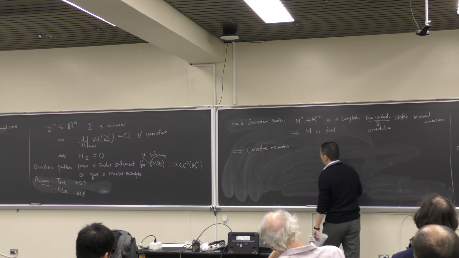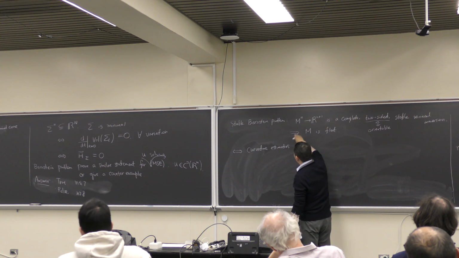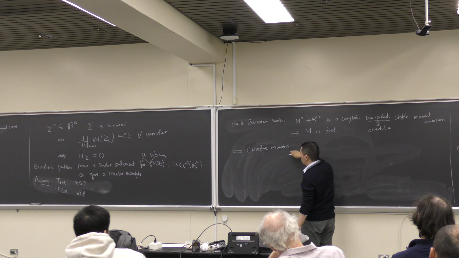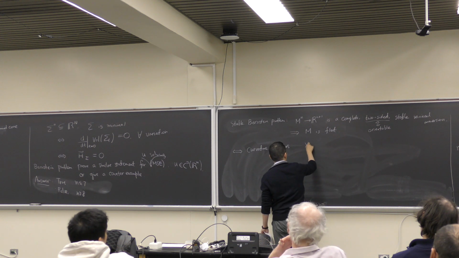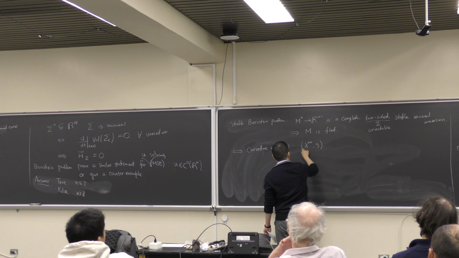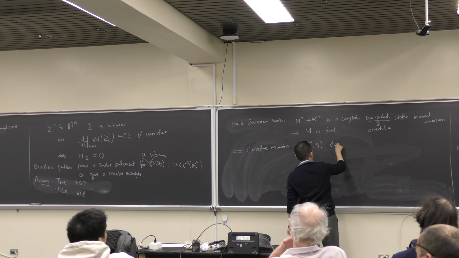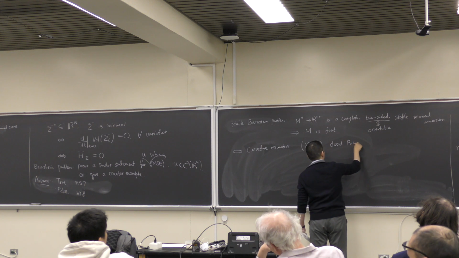So the curvature estimates, which are equivalent to the stable Bernstein theorem, are the following. Take any (M^{n+1}, g). Let's say it's a closed Riemannian manifold.